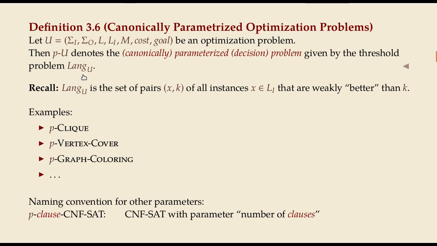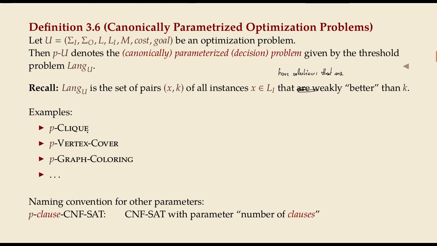You might recall that the threshold language was the set of all pairs x and k for which the instance x has a solution that's weakly better than k.